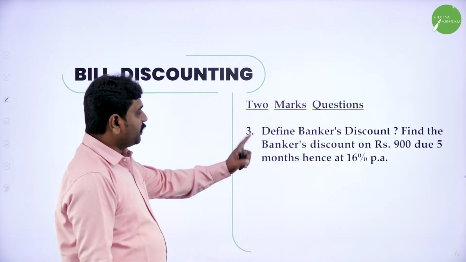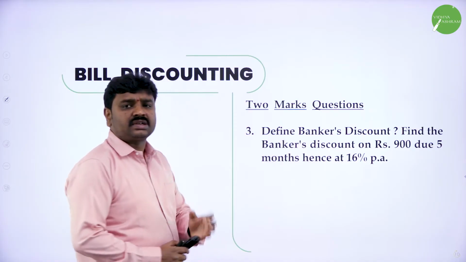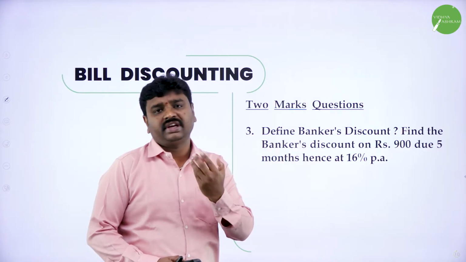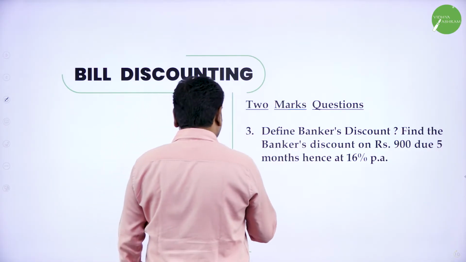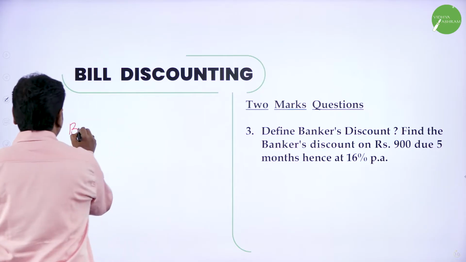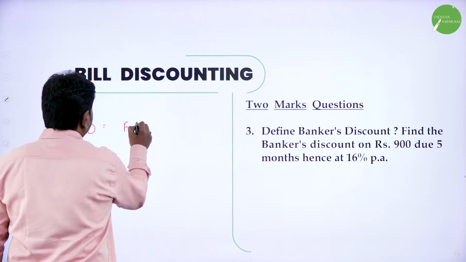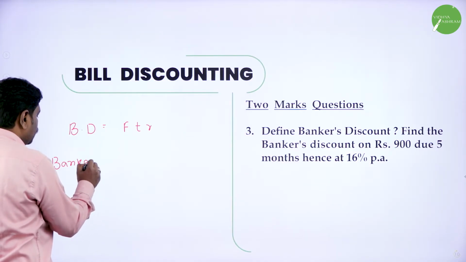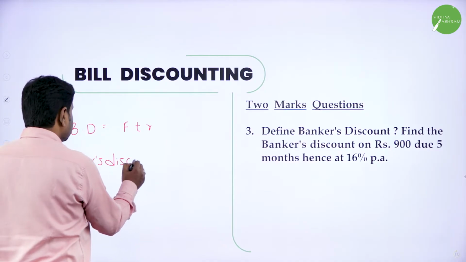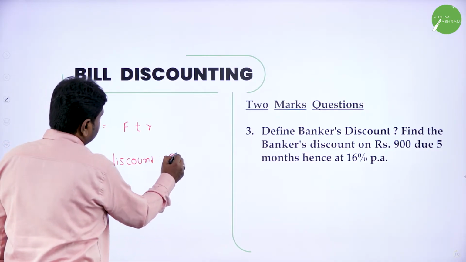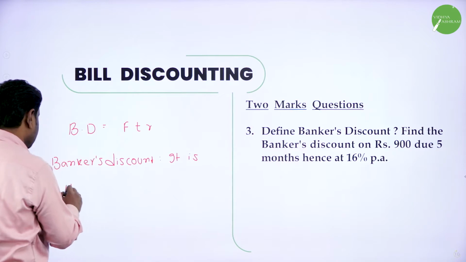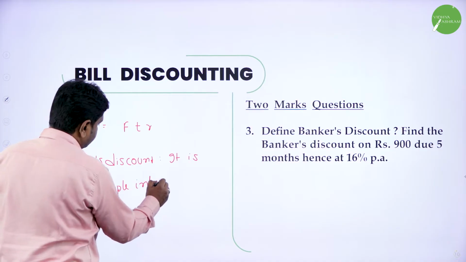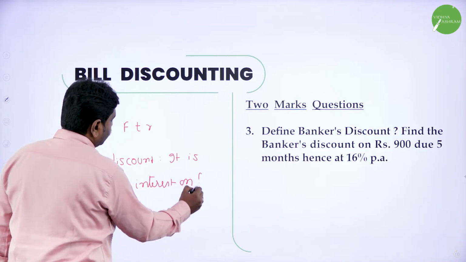Now define banker's discount. Again, it is simple interest calculated on what? Face value. The banker wants to discount more and you want to gain. So what is banker's discount? BD, simple interest formula FTR. Banker's discount is the simple interest on face value.